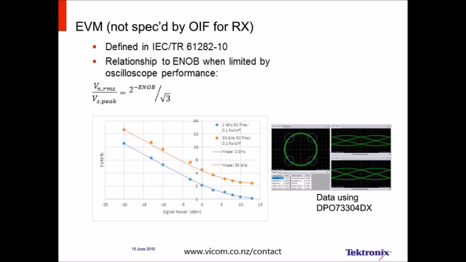So now shifting gears for a second, talking about measuring the properties of a receiver, these specs, looking back at the OIF documents, are mostly frequency domain specs. They include total harmonic distortion, 3 dB bandwidth, common mode rejection ratio. These are all things that are measured in the frequency domain.